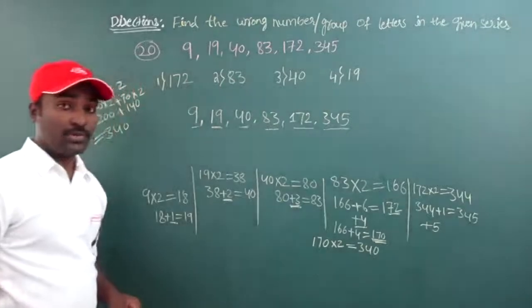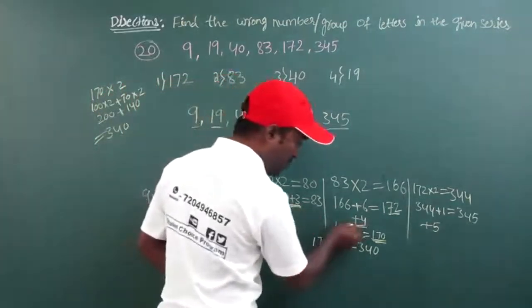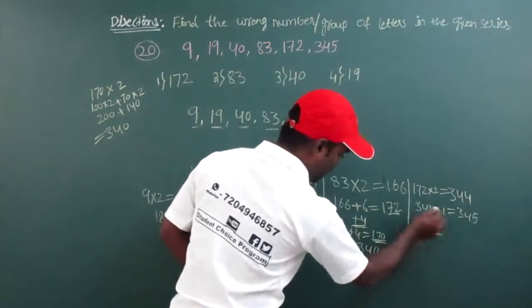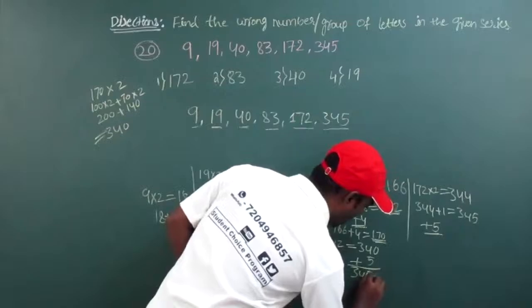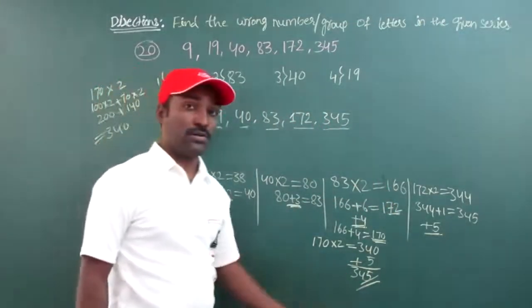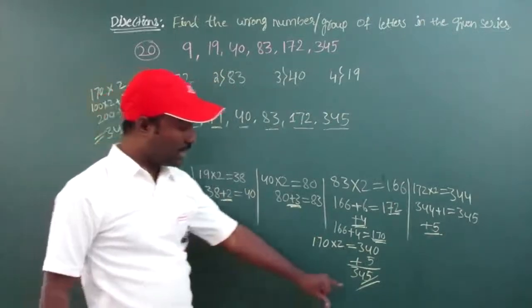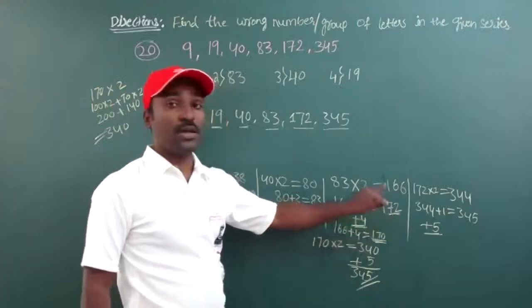Now what do I have to add? Yes, plus 1, plus 2, plus 3, plus 4, so that should be plus 5. So I have to add plus 5, giving 345. Okay, I think this is visible to all. Yes, it is 345. So this 172 is the wrong number.